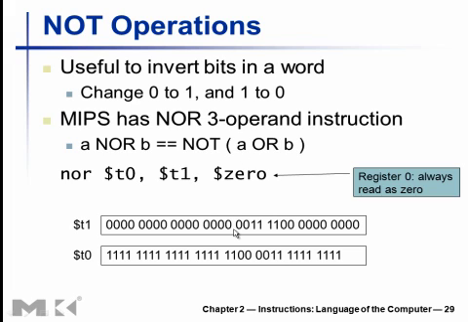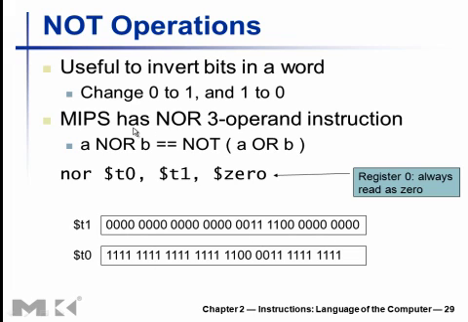If you put a 0 here, A or B will be just T1, right? And then the negation of T1 will be everything changed from 1 to 0, and 0 to 1. So 0 to 1, 1, 1, and then it's negated.